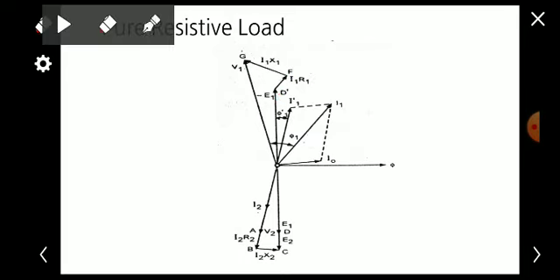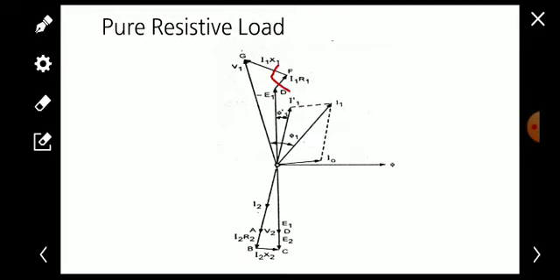We can stop drawing that vector at some point here, and the resultant vector will give V1.